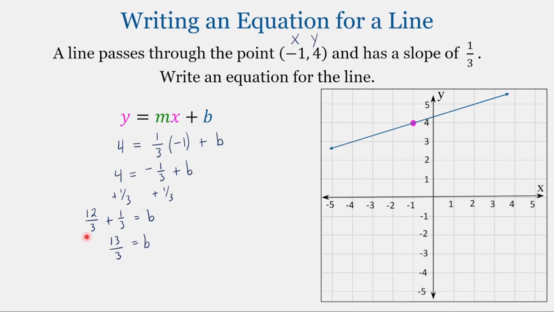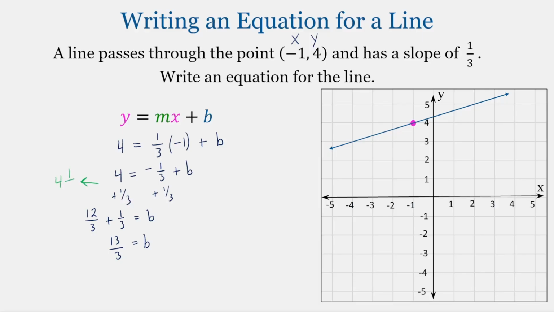You may have noticed when we added this, again, I found a common denominator because I'm going to leave it as an improper fraction. I'm going to leave it as 13/3. But this is 4 plus 1/3, or 4 and 1/3. So this is the mixed number, 4 and 1/3.